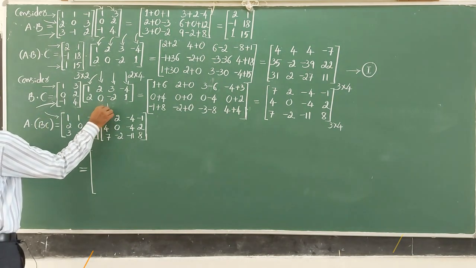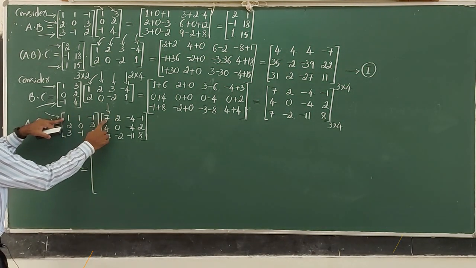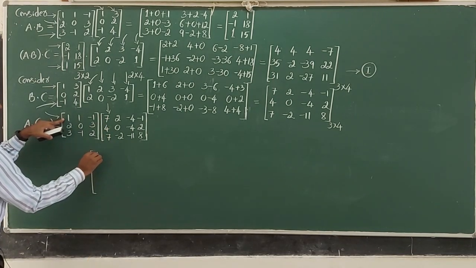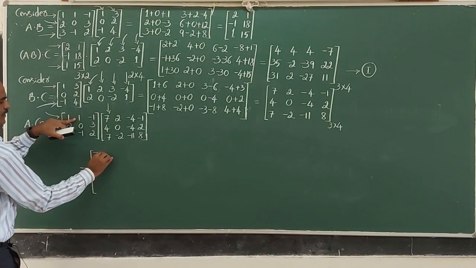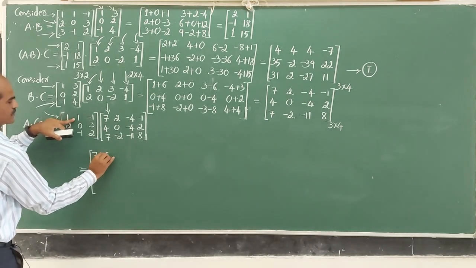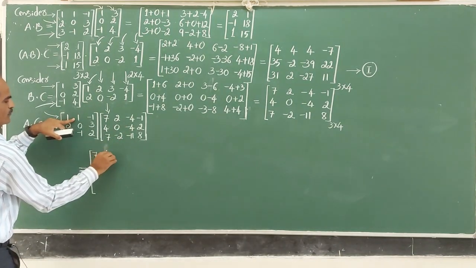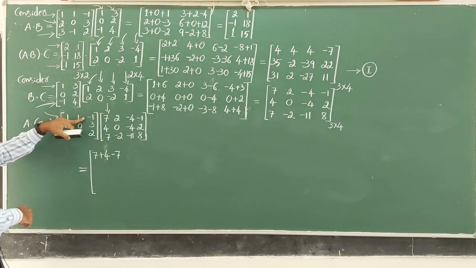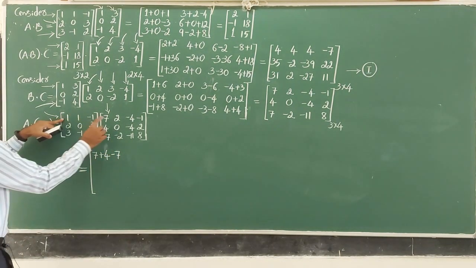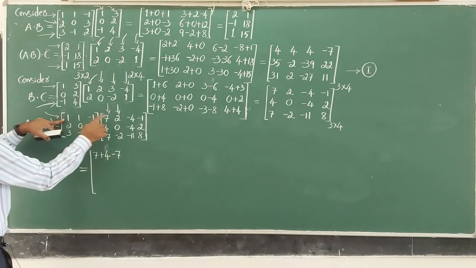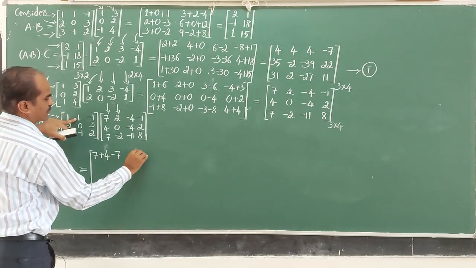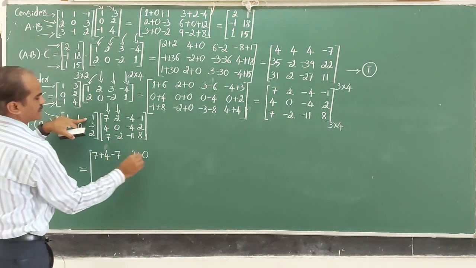Take first row, first column. 1, 1, minus 1 and 7, 4, 7. 1 into 7, 7. Plus 1 into 4, 4. Plus minus 1 into 7, minus 7. Now take first row, second column: 1 into 2 plus 1 into 0 plus minus 1 into minus 2.